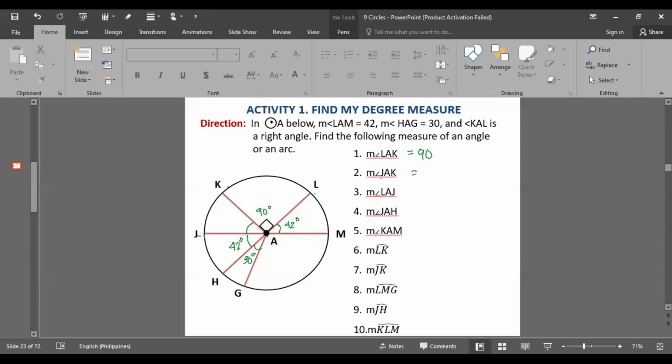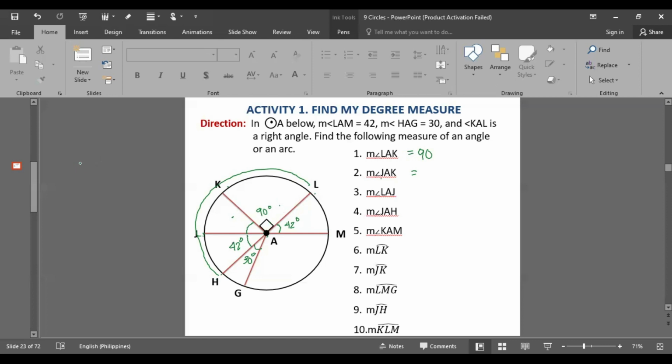Now, since we have already the measurement of angle JAH, we can now get the measurement of angle JAK. And how are we going to do that? As you can see here, this entire arc forms a semicircle, right? Therefore, these three angles should add up to 180 degrees, right?